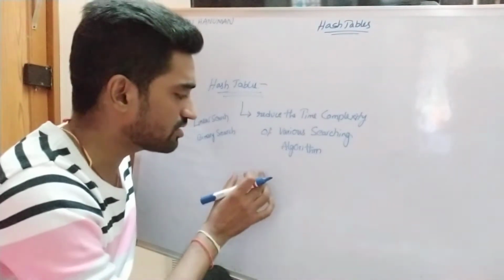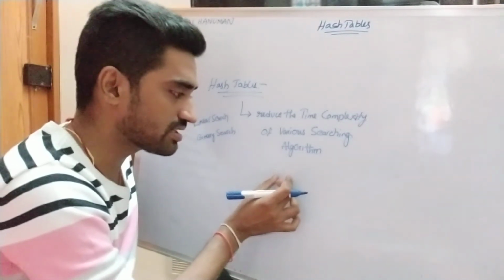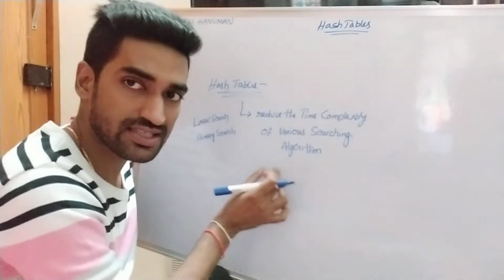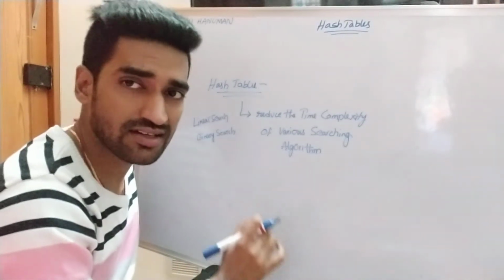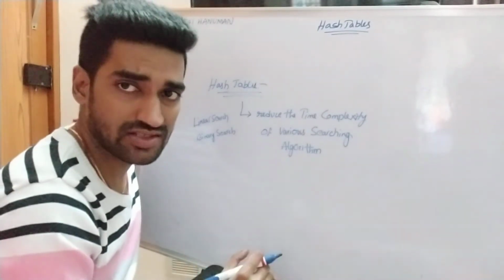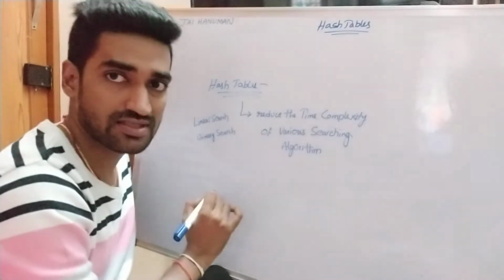If the searching element is less than the mid value, we search the left subarray; if greater, we search the right subarray. That is the general process for binary search. It is also a time-taking process, right?